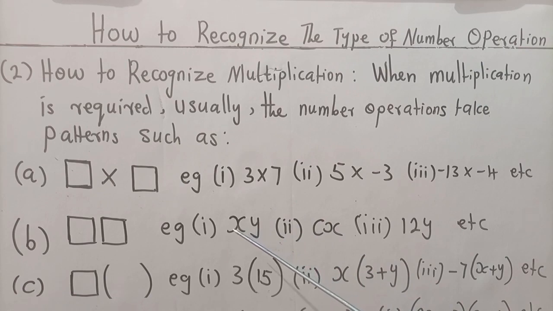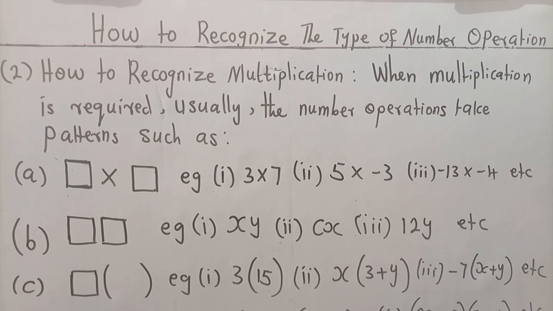We don't know what x is. We don't know what y is. But if we get to know what they are, what we are carrying out between them is multiplication. But imagine that you put 2 here and 3, and you just put 2, 3. Nobody will understand that what is meant to be carried out between them is multiplication. Some, even I, will see it as 23.